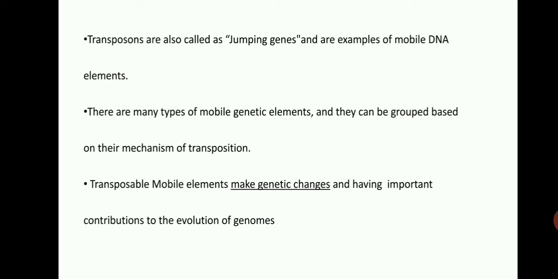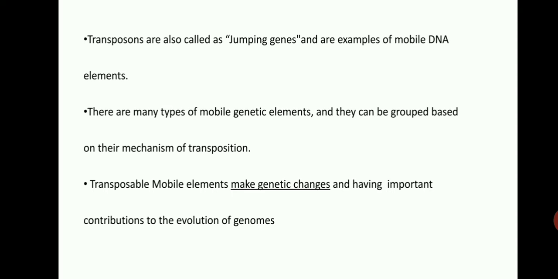As you know, there are many types of mobile genetic elements and they can be grouped based on their mechanism of transposition. Transposable mobile elements make genetic changes and have an important contribution to the evolution of the genome, as they get inserted into genes or into regulatory sequences, and they can modify gene expression.